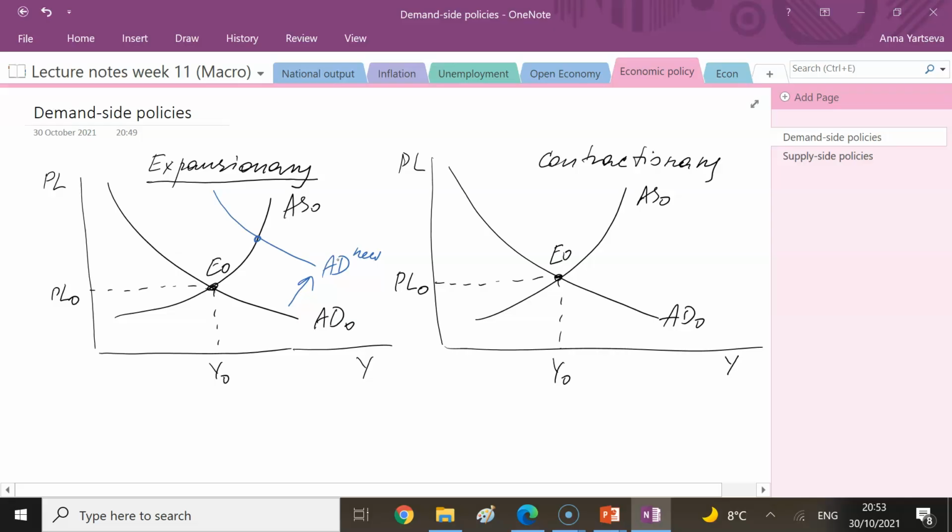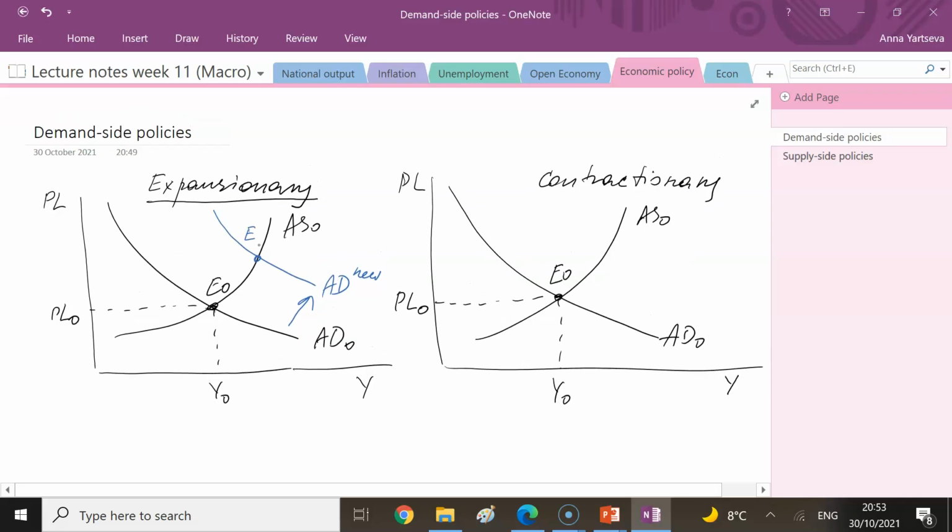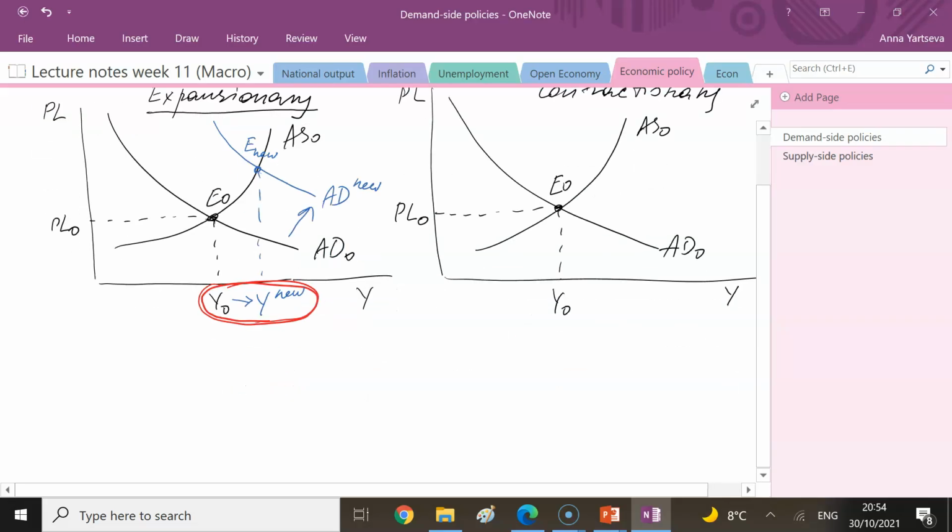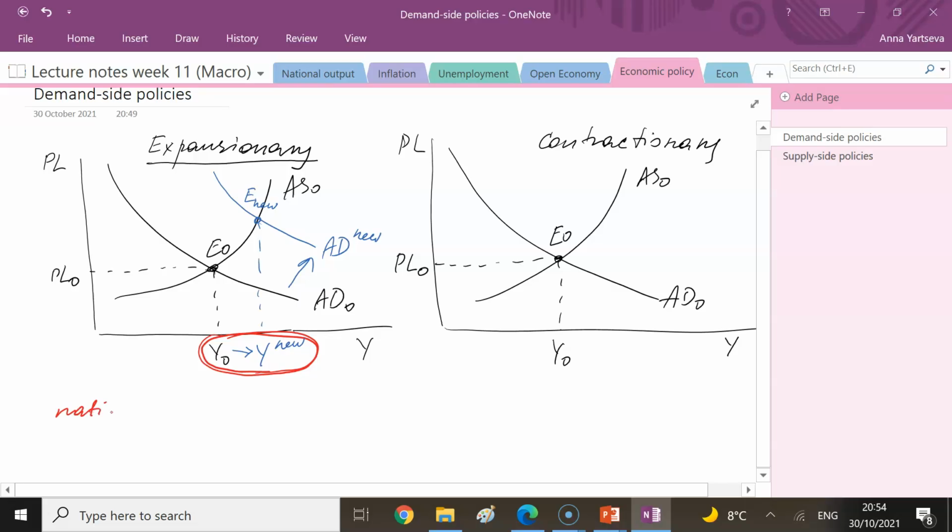When we shift the aggregate demand curve upwards, the economy moves to a new equilibrium point, which means that our output is now higher. We've achieved our goal. It's an expansion in aggregate demand, which will lead to an increase in national output.